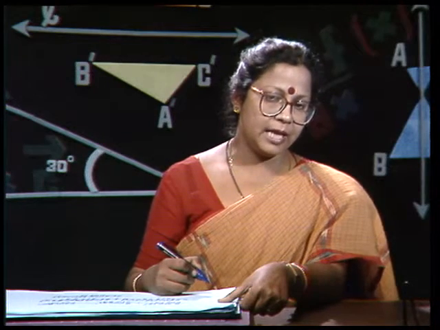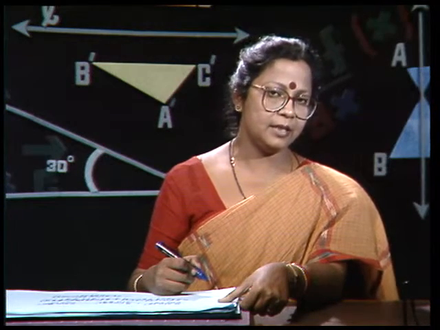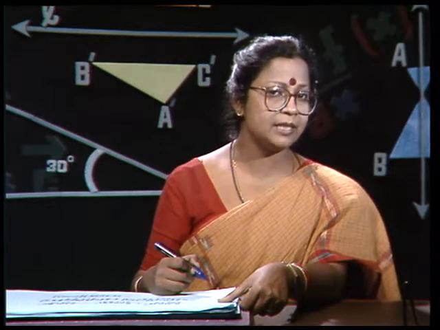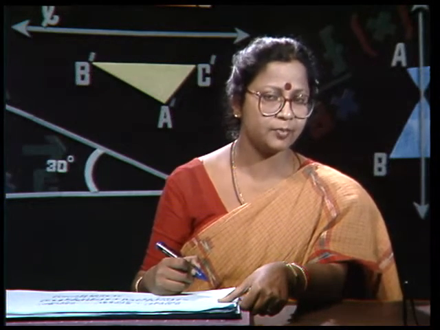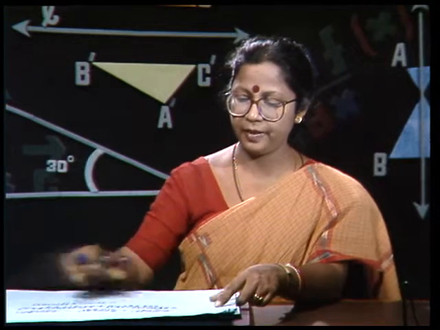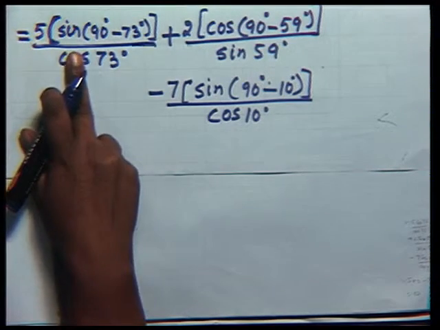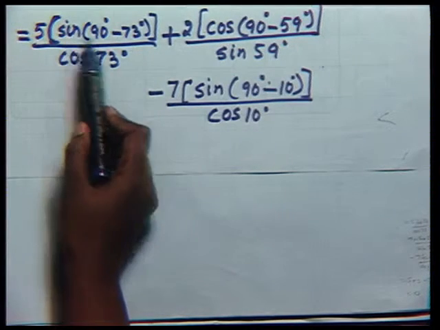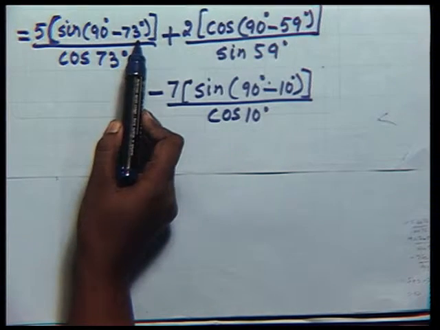We know that cos 90 minus theta is equal to sin theta and sin 90 minus theta is equal to cos theta. We have just proved that. So, using these results, we get here 5 times sin 90 degree minus 73 degree becomes cos 73 degree.